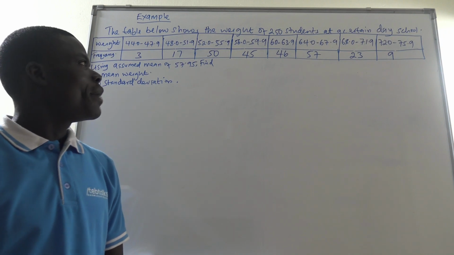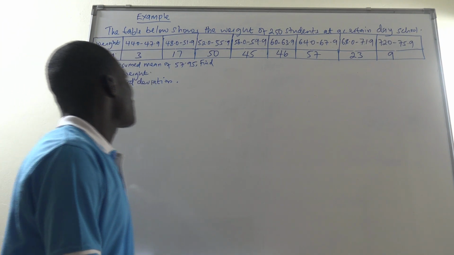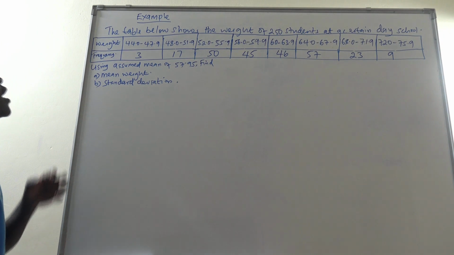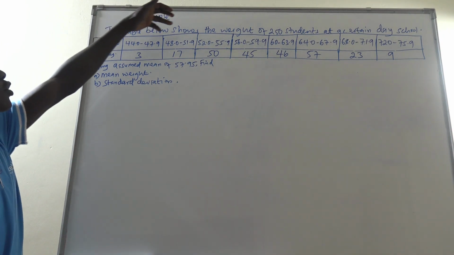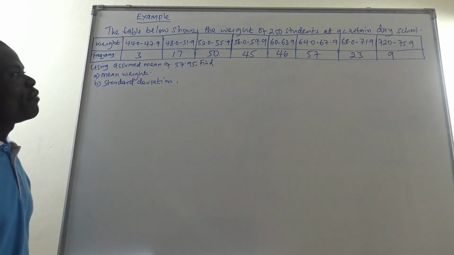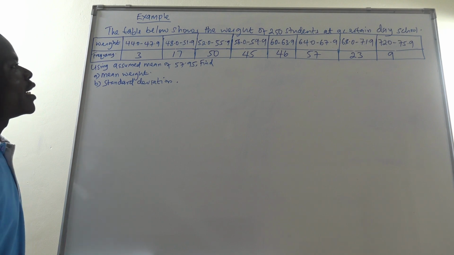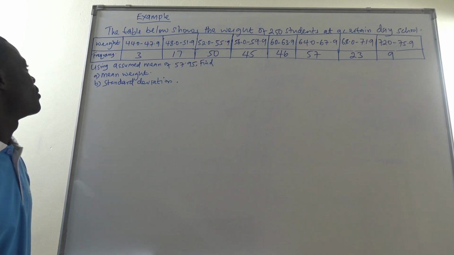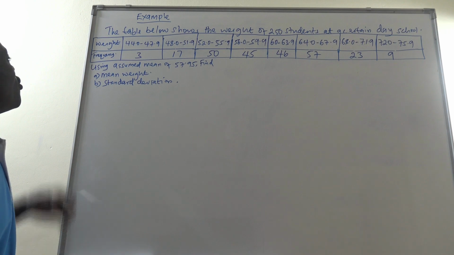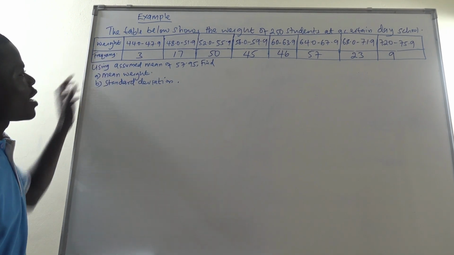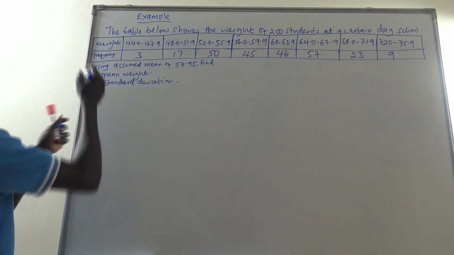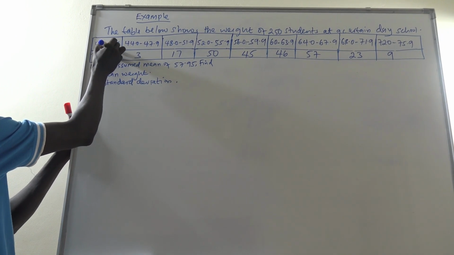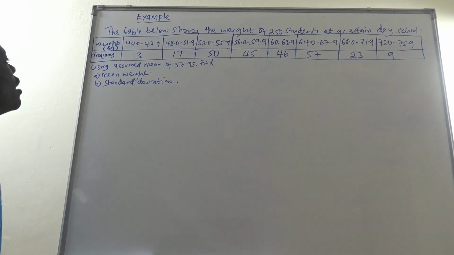In this video, we shall look at how to calculate standard deviation when you are given an assumed mean. In our example, the table below shows the weight of 250 students at a certain day school. The weights are in kilograms, and there is the frequency.